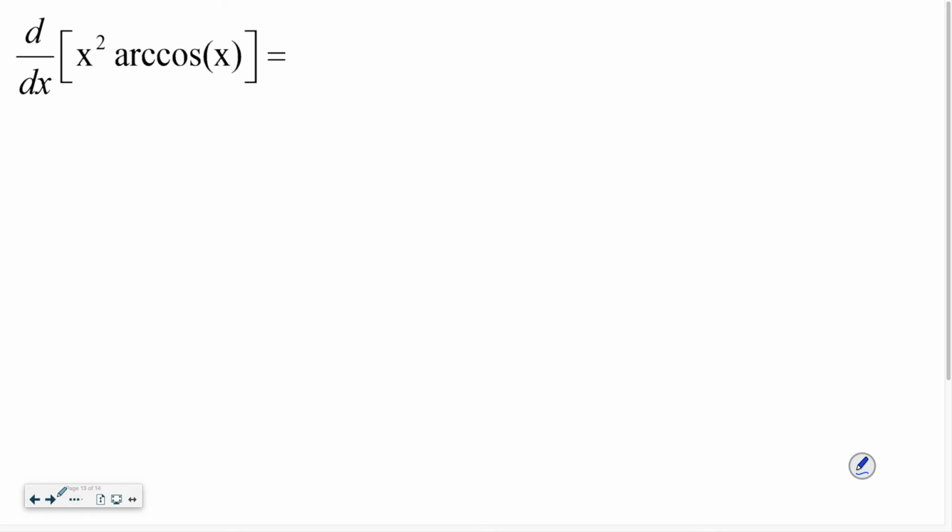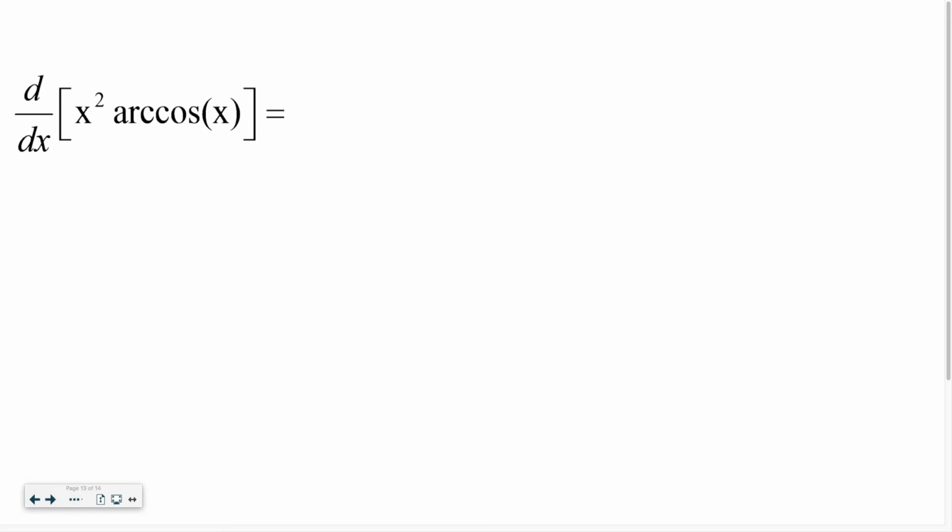The example number 4. What is happening in our function? We have a product, which means we need to use the product rule. And if you're one of those people who like to make notes of what we need to do, remember our product rule is f prime times g plus f times g prime.